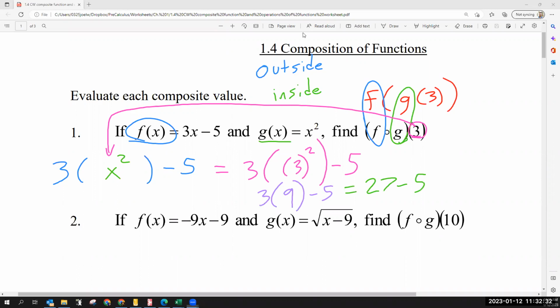And 27 minus 5 is 22. That's my answer. So when I do composition of functions and I have a value here, my answer is going to be a number, a specific number.